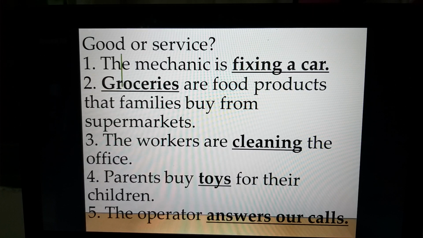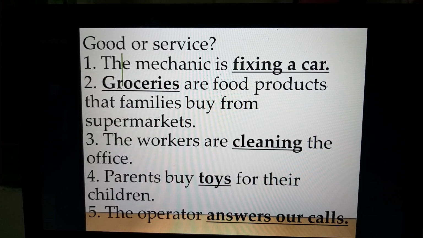Number four, parents buy toys for their children. Toys, is it good or service? Yes, it is good. Number five, the operator answers our calls. Answer our calls, is it good or service? Yes, it is service.